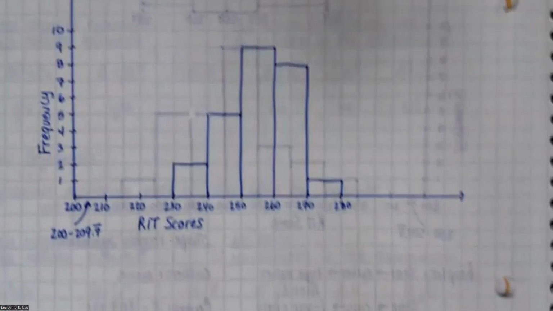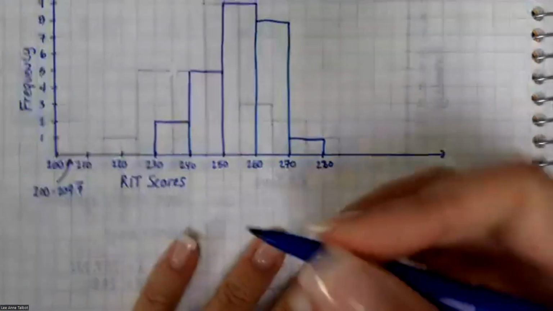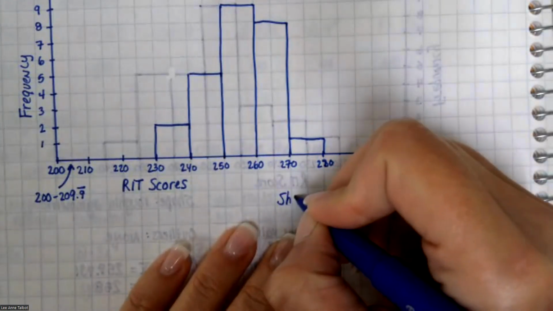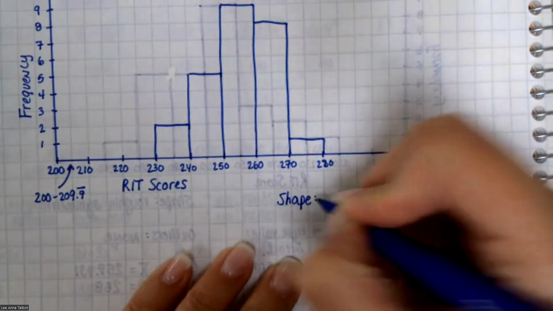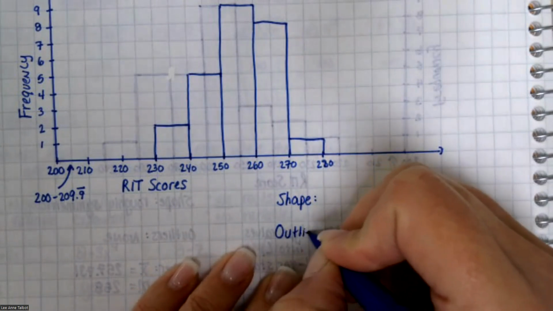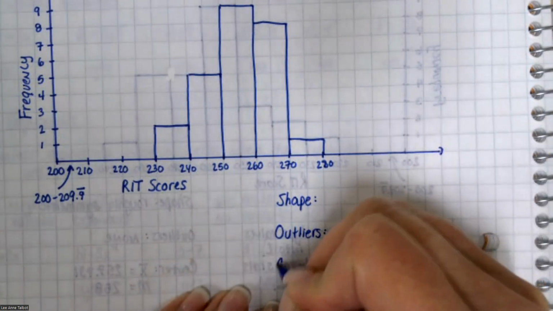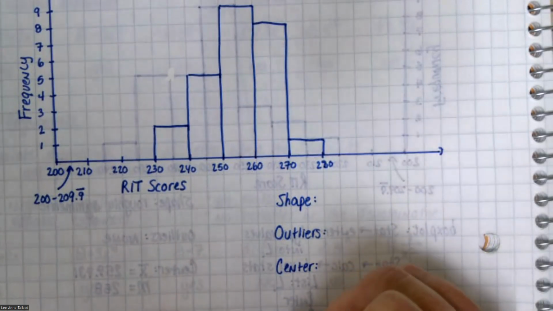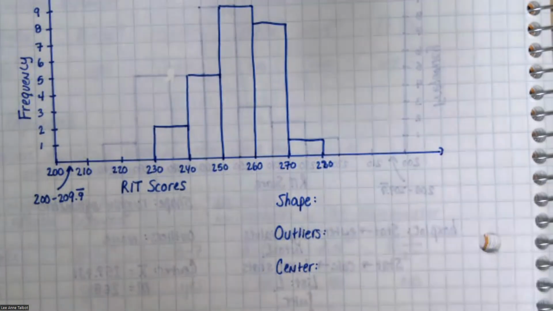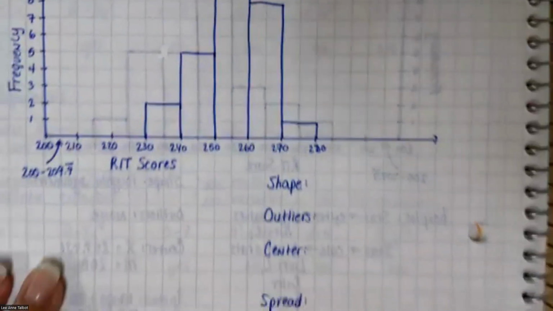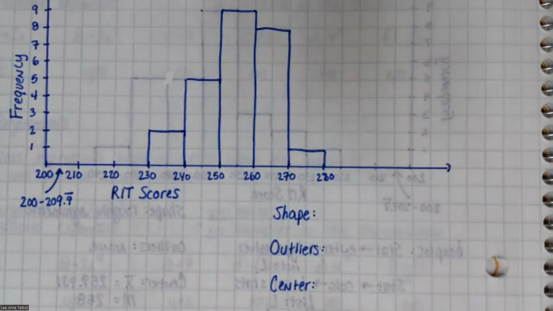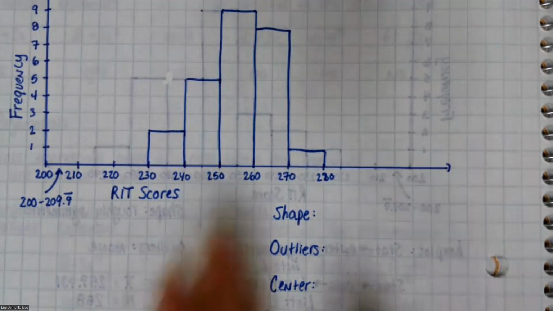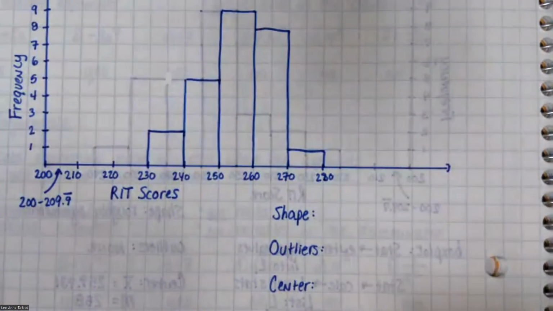Okay. Now, over here, we're going to start to organize our SOCS data. Some of it we can't do yet. I would call this shape roughly symmetric. It's not perfectly symmetric, but if I folded it right about here, the sides would match up.